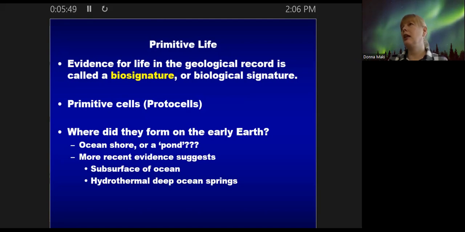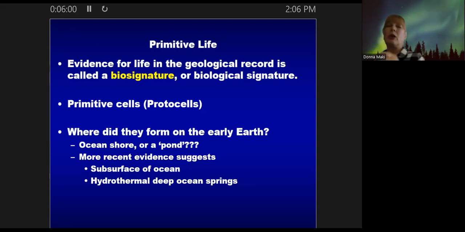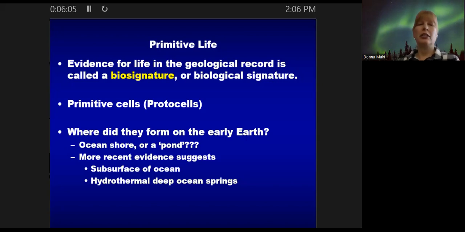Has anyone taken the evolution class here? Does that ring a bell? Okay, is that what they're saying in that class too? I'll show you a slide that I just inserted because I just read an excerpt of a paper this morning, just published in 2024, and again they're saying the hydrothermal vents is where they hypothesize that early life first arose.